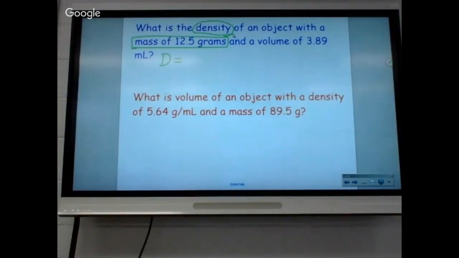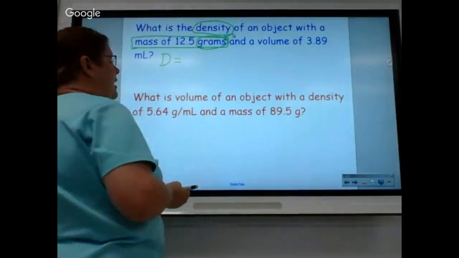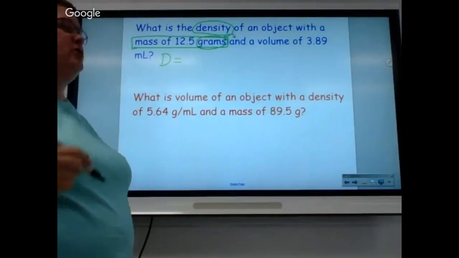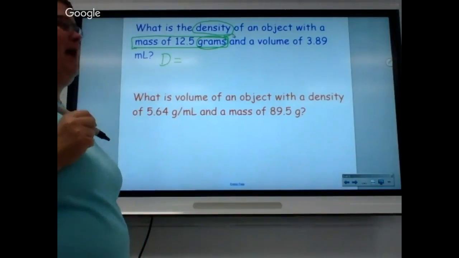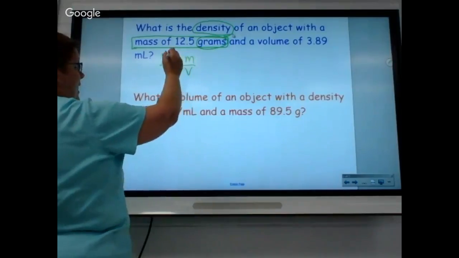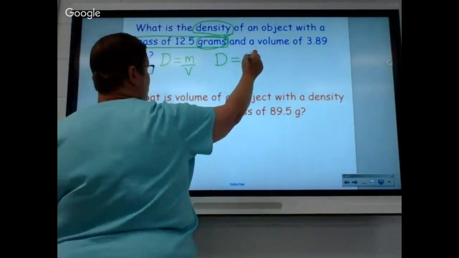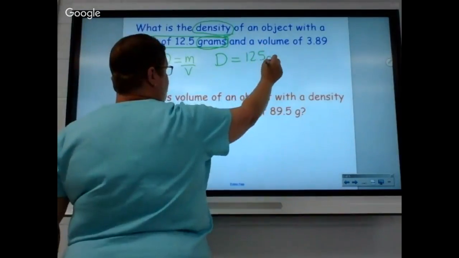is so that if it doesn't say something like mass of 12 grams, you can look at this and go, oh, it says grams. I know grams is a mass, so if it's grams, it has to be a mass. So if the formula is this, and I know I'm looking for density, I know 12 grams has to go for mass.